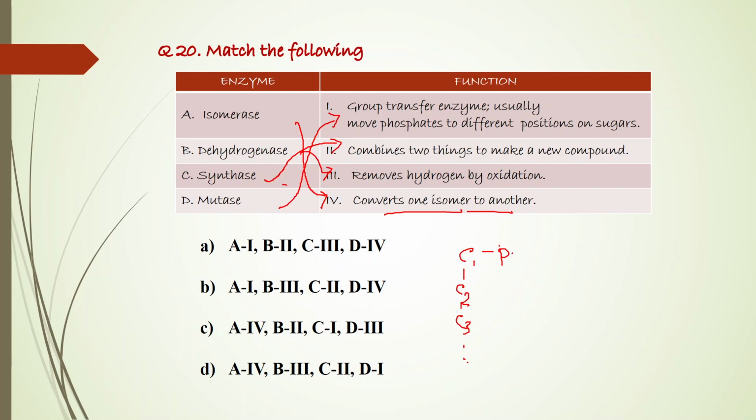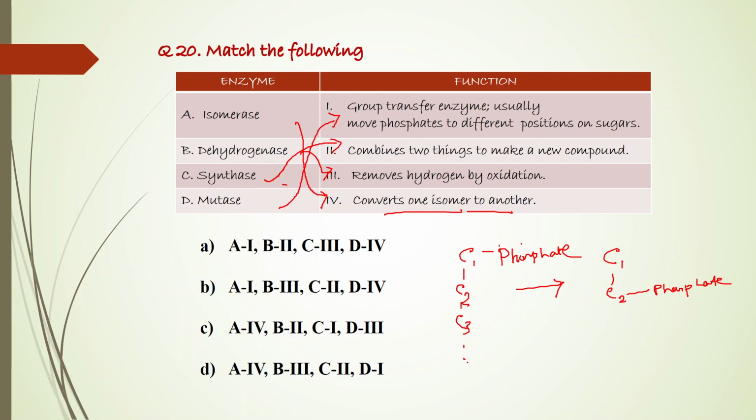Mutase will function such that it is transferring the phosphate to the second carbon atom. Only this much: transferring the phosphate group within the sugar molecule from one carbon to another. So that is the work of mutase.